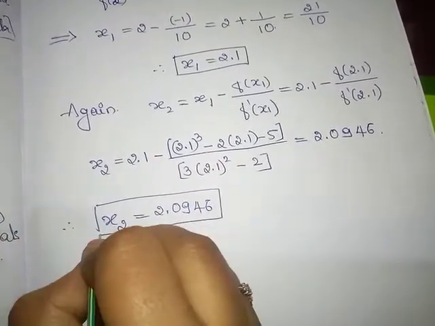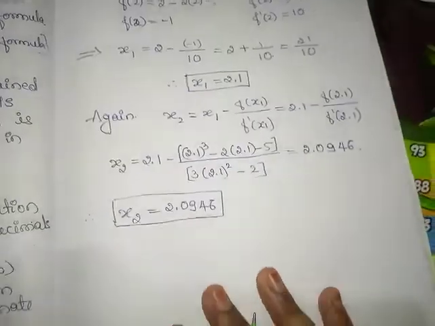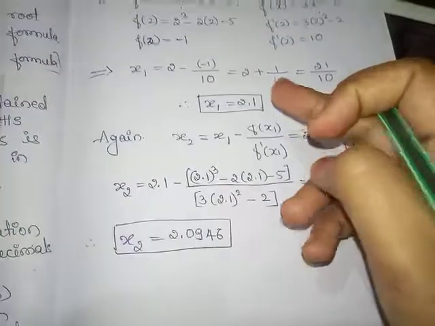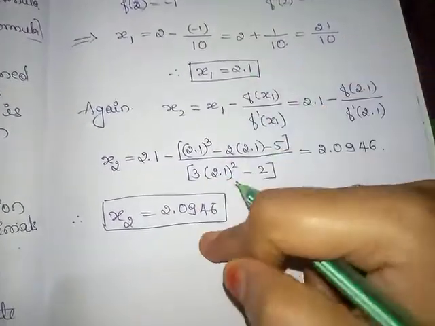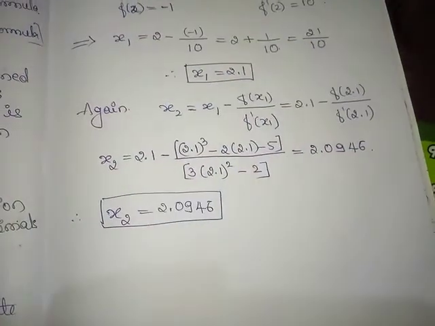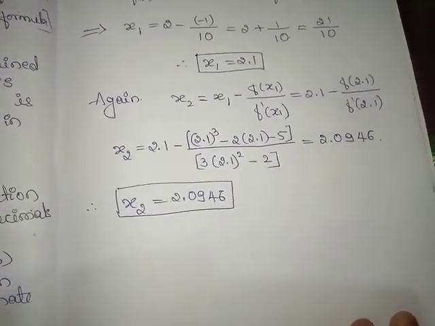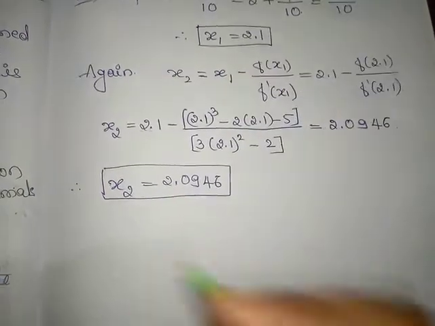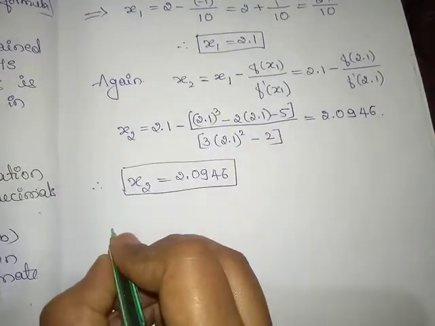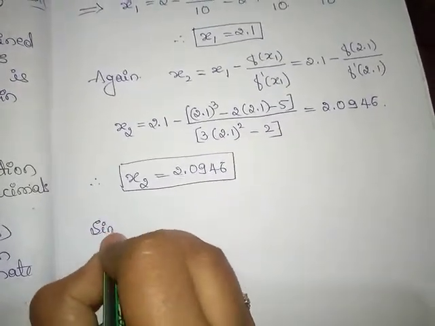Here we have to find the solution up to 3 decimal places. See that x1 is 2.1, x2 is 2.0946. We can't get the required accuracy here. So go for the third approximation.